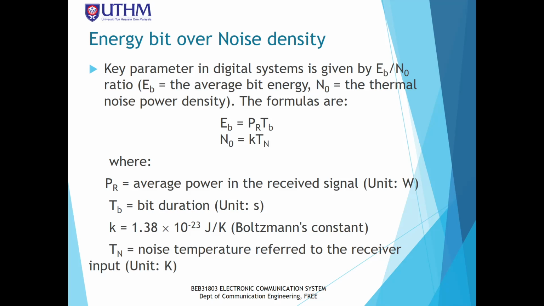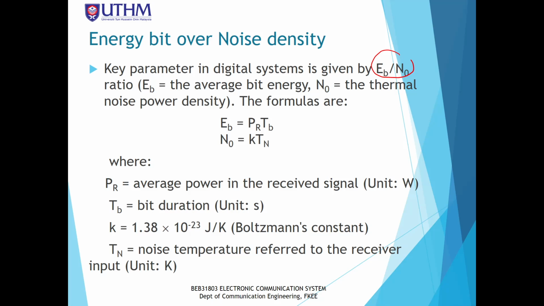Energy bit over noise density, which is EB over N0. Okay, EB over N0 is a key parameter. Dia adalah parameter penting dalam digital transmission, yang mana EB over N0 is equivalent, setara dengan SNR dalam analog.